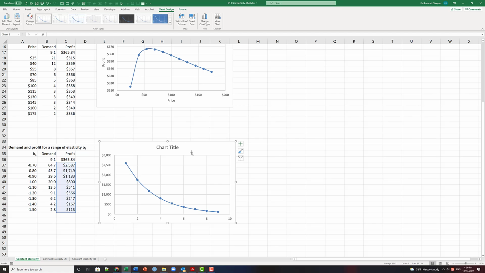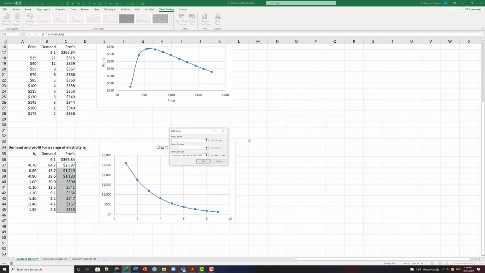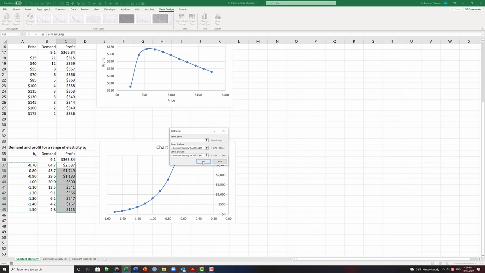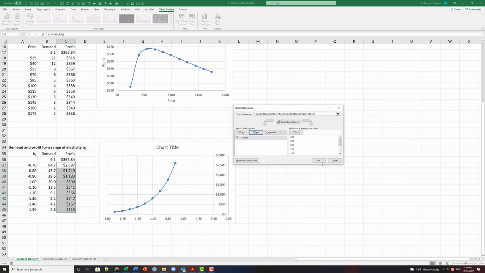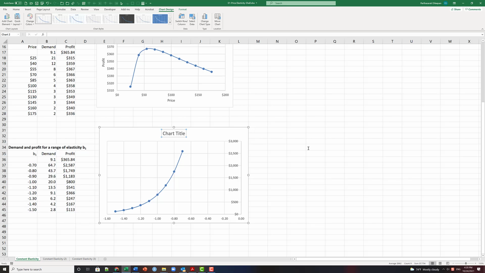So we have to select data and add the x-axis values by editing the series. And then we can set up the chart parameters.